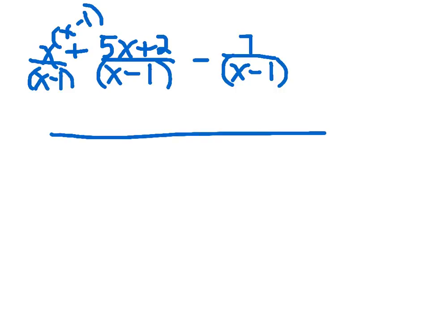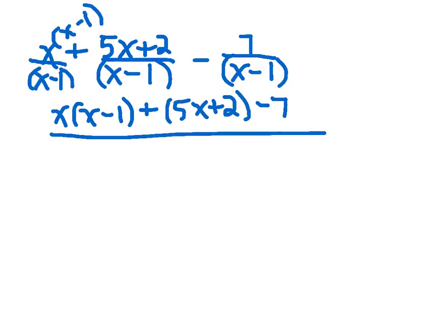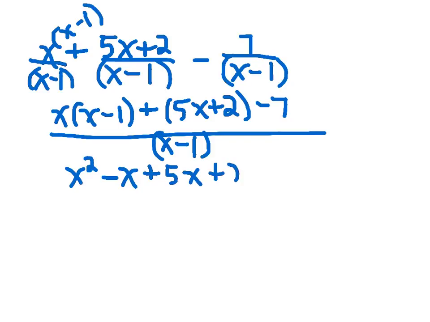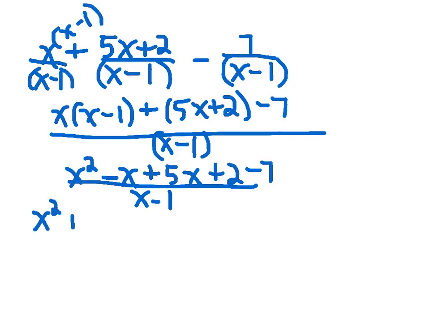And when I draw my big fraction bar, I get x times x minus 1 plus 5x plus 2 minus 7 over x minus 1. Getting rid of parentheses, x squared minus x plus 5x plus 2 minus 7 over x minus 1. Combining like terms, x squared plus 4x minus 5 over x minus 1.